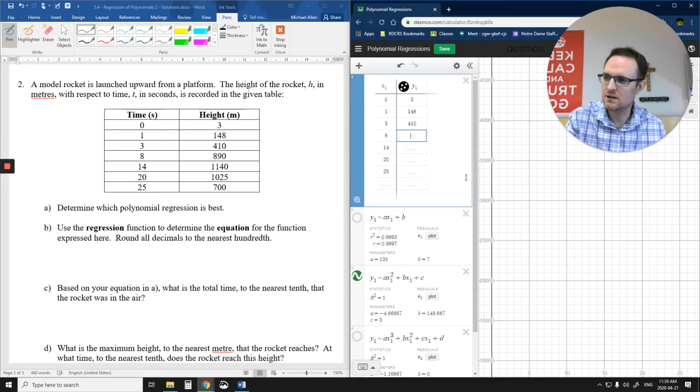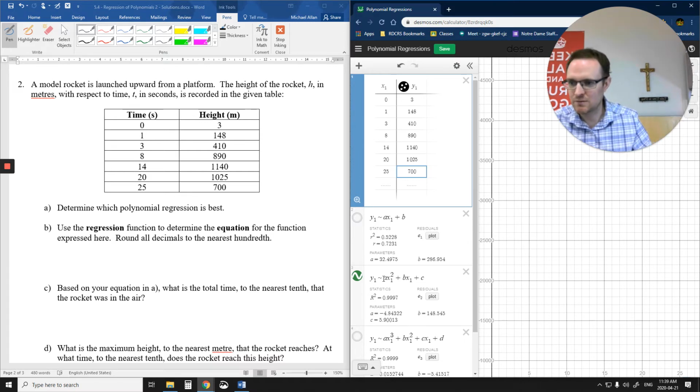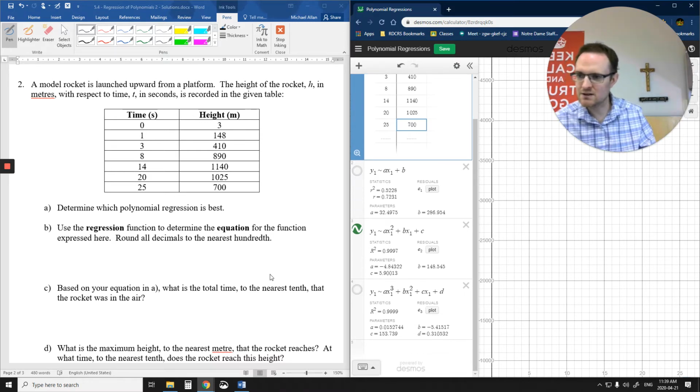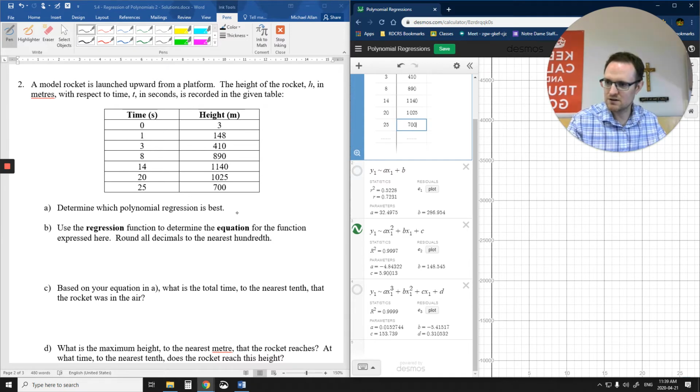I'll put my marker thing down here. 90, 140, or what? Not 100, 1,140, 1,025, and 700. So everything matches up there. Looks pretty good. Go down here, look at our R squared values. It looks like the cubic one is the best because it's 0.9999, the 4 nines, rather than 0.9997. So I'm going to say this is going to be cubic.